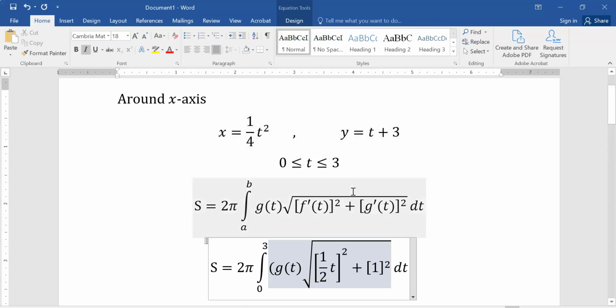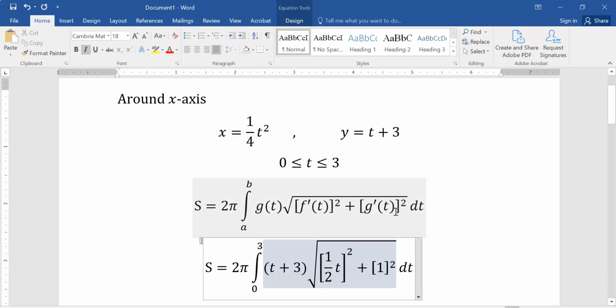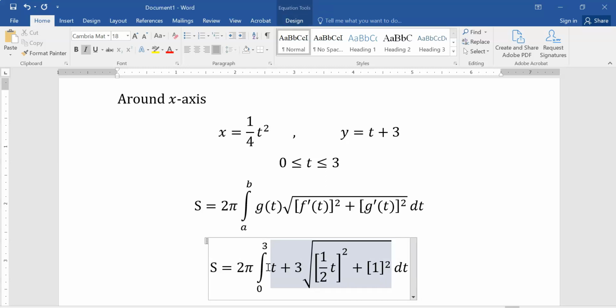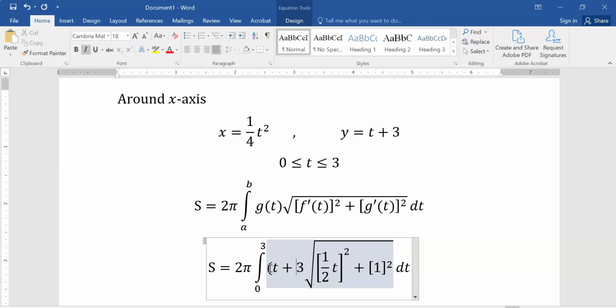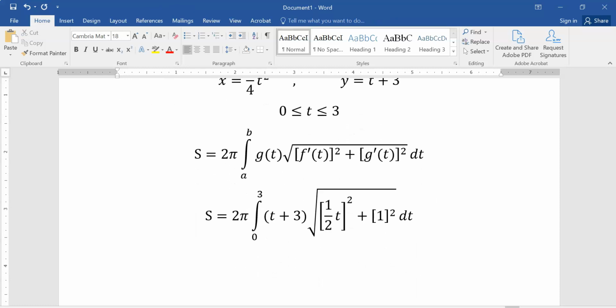So you need to plug in t plus 3 as your g of t, and when you do that, make sure it goes in parentheses when you type it in on your calculator. If you put t plus 3 and it doesn't have parentheses, then your calculator thinks that you're multiplying the 3 times this square root, but the t is sort of all by itself. So you want to make sure that that t plus 3 gets treated as the whole function g of t here. All right, so that's the idea.